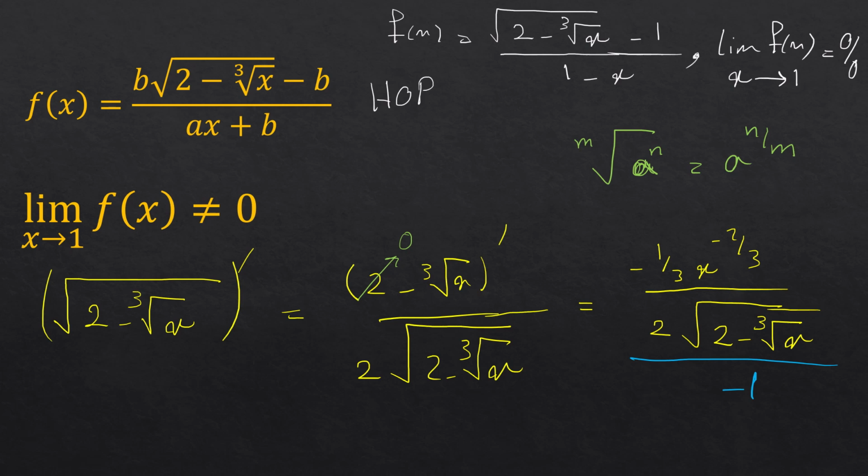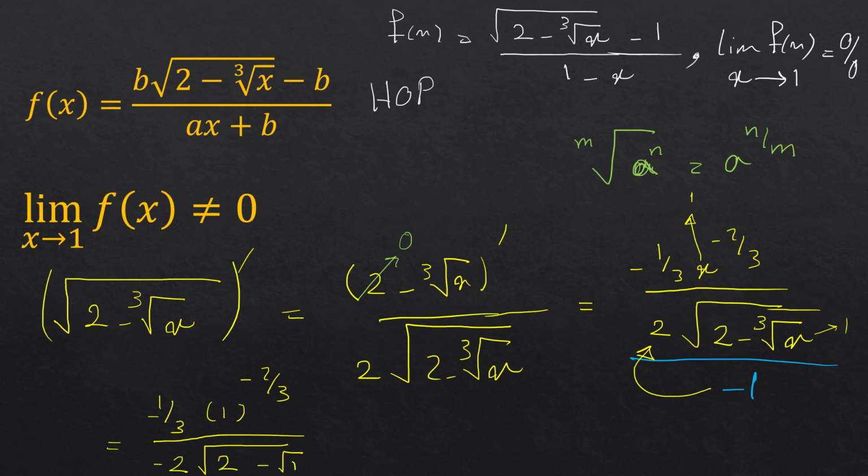And now it's time to replace x by 1 to find the limit of f of x where x approaches 1. If I replace x by 1, here we have 1 and here we have 1. So what we get is minus 1 over 3 times 1 to the power of minus 2 over 3, divided by, multiplying this minus 1 in, minus 2 times the square root of 2 minus third root of 1.